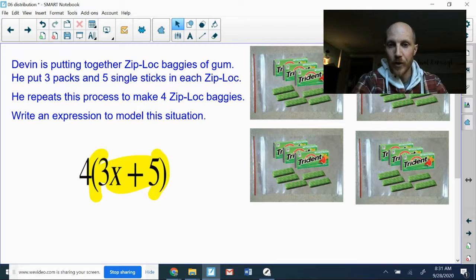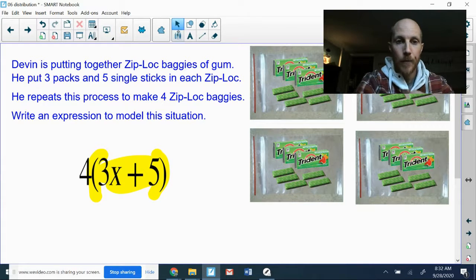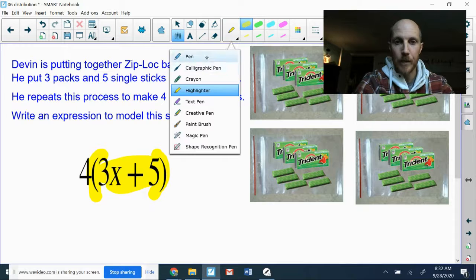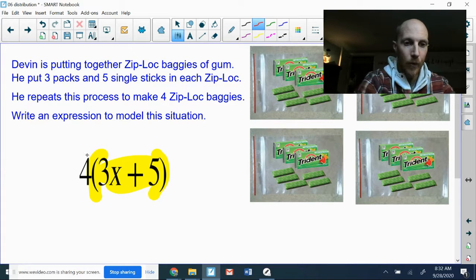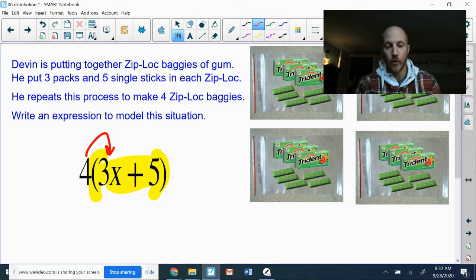So altogether, I'm going to take these 3 packs and multiply by 4, because inside each of those Ziplocs there's 3 packs. So I'm going to have to multiply this 4 times those 3 packs because there's 3 packs in each Ziploc bag.